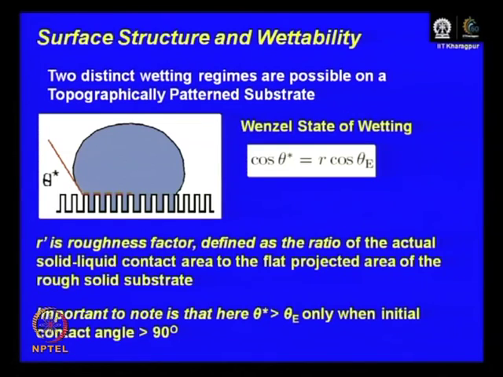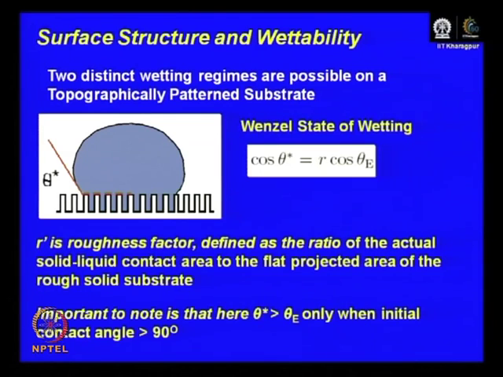So, in case you have a lyophilic or hydrophilic liquid situation where theta e is finite, but lies between 0 and 90 degrees, multiplying it with something which is higher than 1 will effectively make theta star lower than theta e.